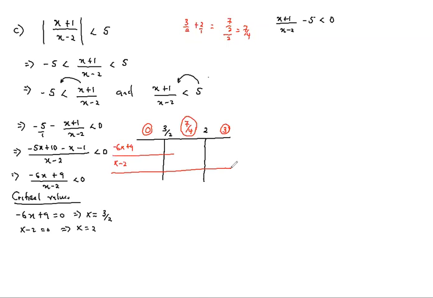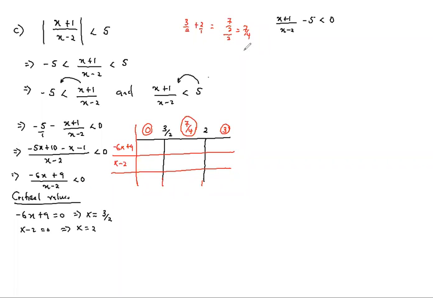So we now want to test using the numbers that we have picked. Our interest is in the signs that are coming here, so that which will make this inequality be satisfied. Okay, so let's test now.